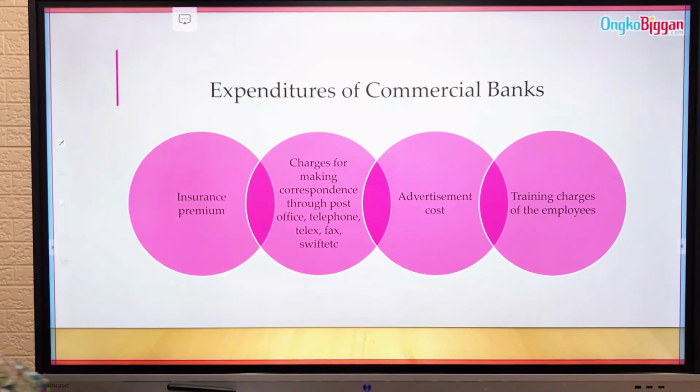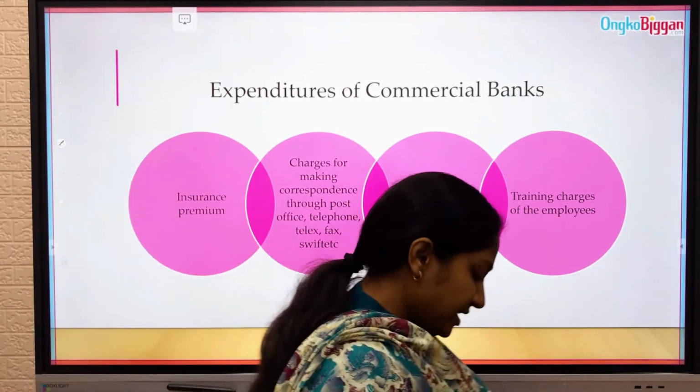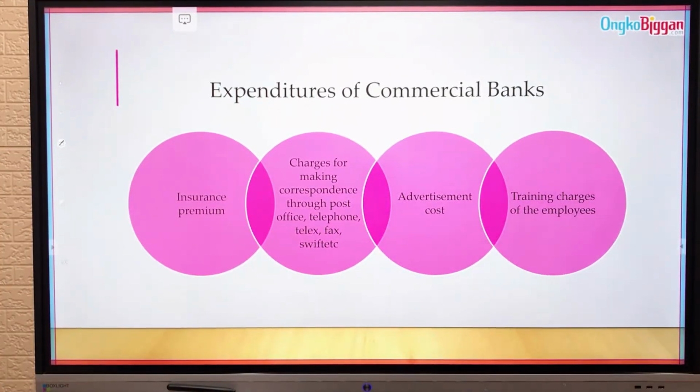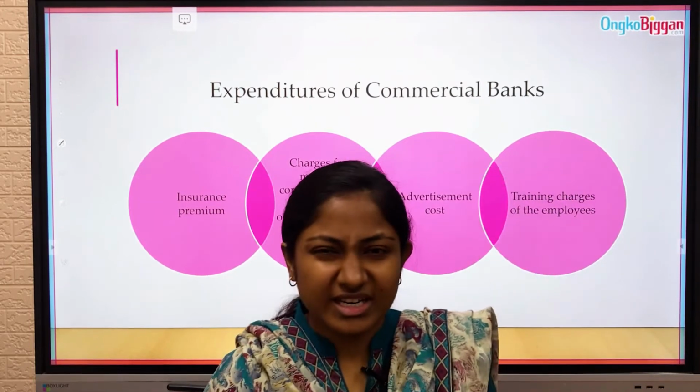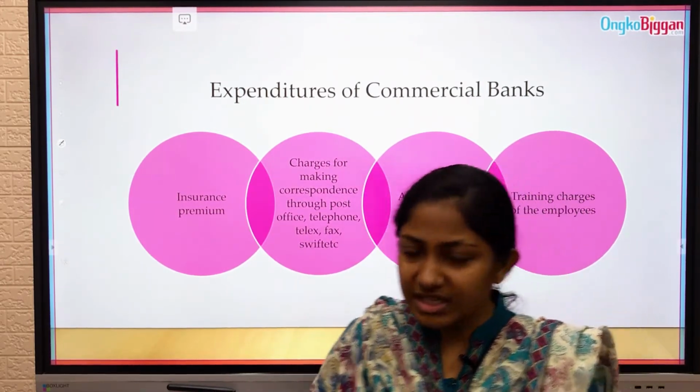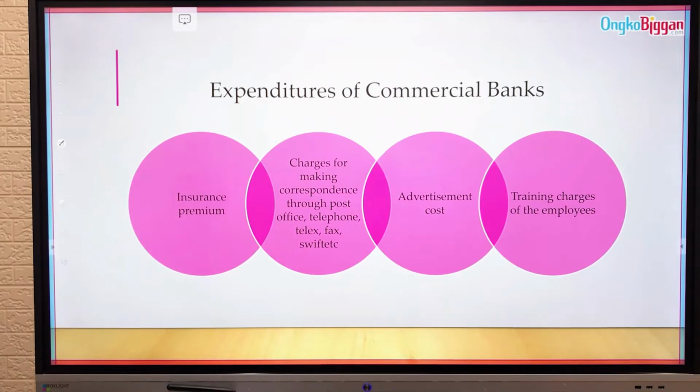Then insurance premium. Sometimes it is not that applicable, but we will talk about it. When a bank issues health insurance or car insurance, or any kind of insurance on behalf of clients, they have to pay certain fees to others. That is why it is an expenditure of the commercial banks.